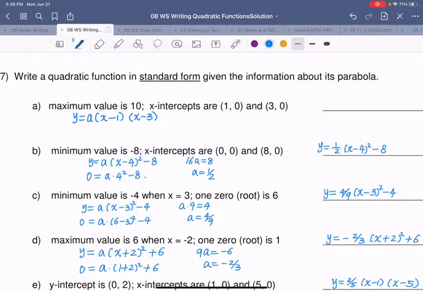What do you want to do next? Is it distribution? No. You want to manipulate with this one. Let me show you. y equals 10. y equals 10 at x equals how much?